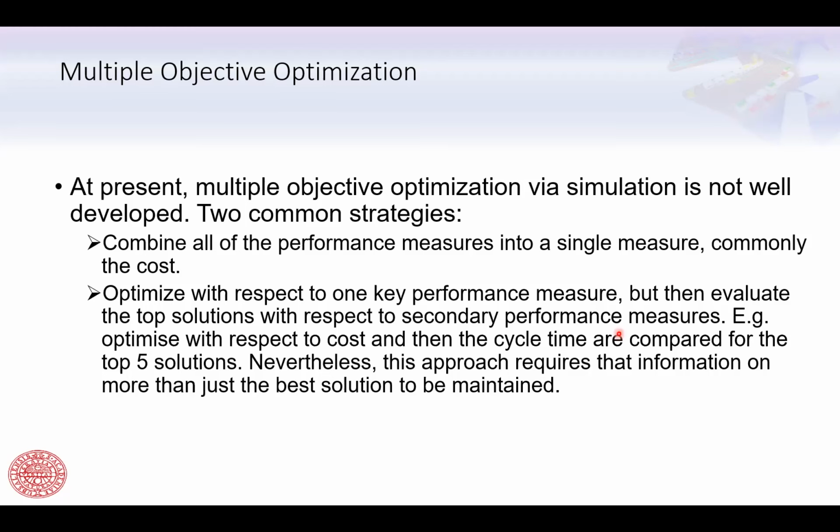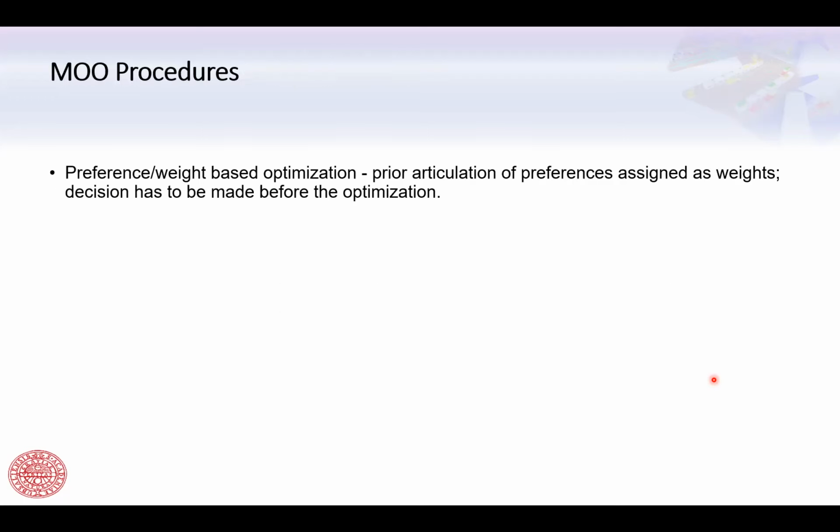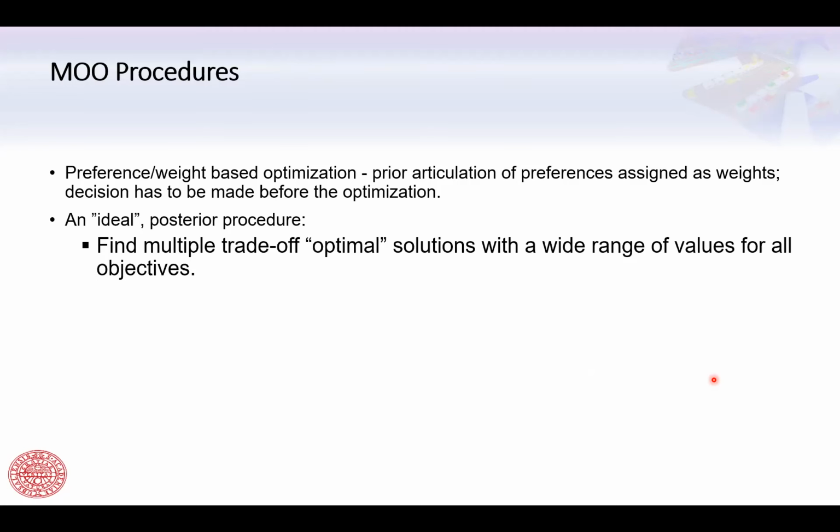And that means you can have a chance that you get a very good solution for one objective, but the secondary objective, in this case like the cycle time, will be sacrificed because the optimization process simply didn't consider it during the optimization run. And that's why we need to consider more advanced options.